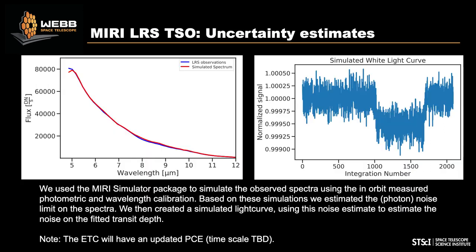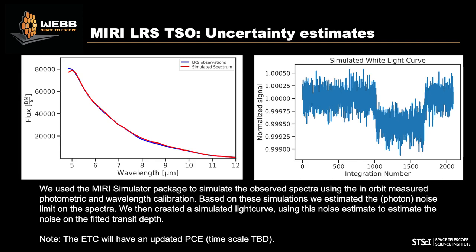What we show here in blue on the left panel is the actual observations. This is now the spectrum, one of the observed spectra in the spectral time series, compared to a simulation of the data using the in-orbit measured spectral response function with the MIRI simulator.